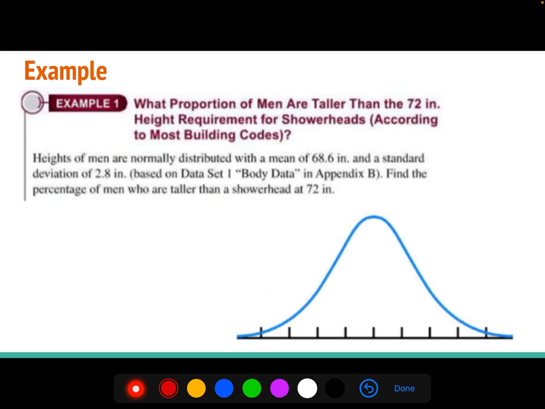So heights of men are normally distributed with a mean of 68.6 and a standard deviation of 2.8. Good for you men. You're that tall with a standard deviation of that. Find the percentage of men who are taller than a shower head at 72 inches.